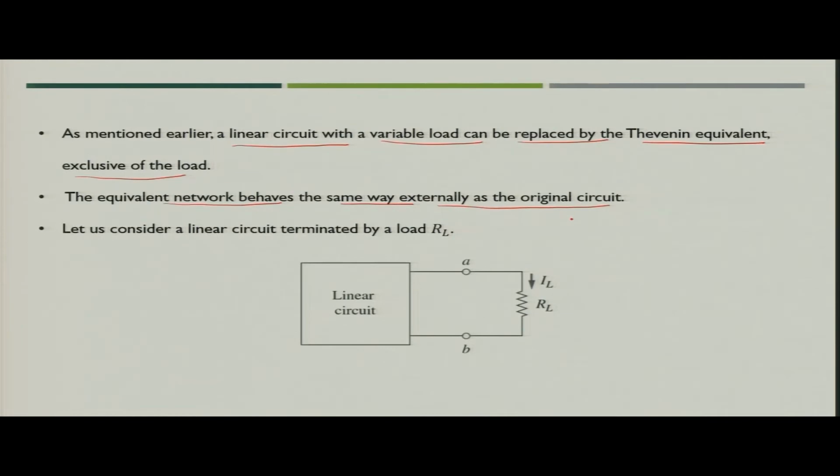So, how will you calculate the different load voltage and load current values? Let us take one sample circuit and find the value of current flowing through the load resistance RL.